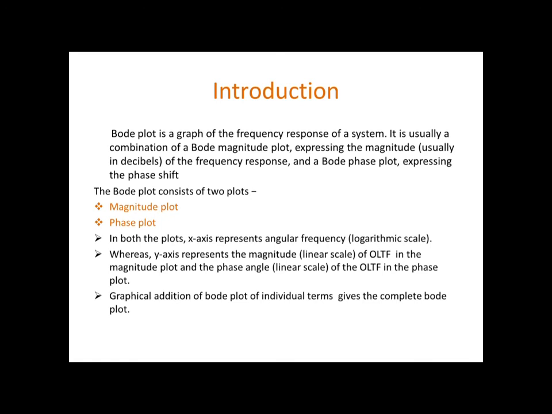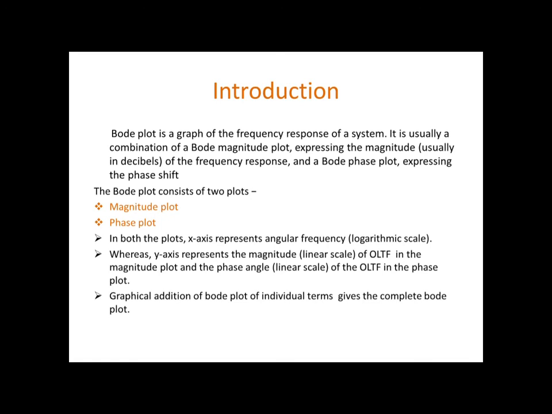And there is a correlation between the time domain and the frequency domain specifications. So, the time domain performance of a linear system can be easily predicted using the frequency domain specifications. The transfer function of the system can be obtained from the frequency response.